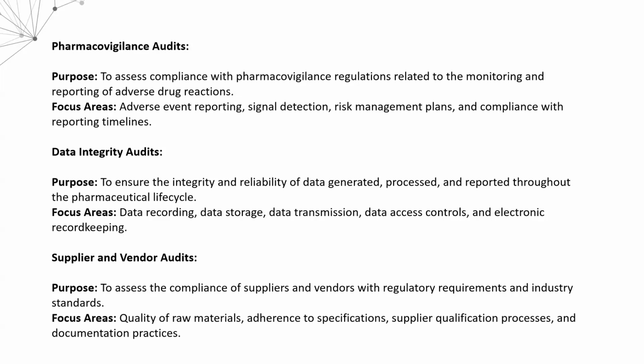So you will go to the supplier, do a vendor audit, visit their premises, and look at their standards and procedures, what they follow, and that should be reported when you are going for your filing. The main focus areas will be quality of raw materials, adherence to specifications, supplier qualification process, and documentation practice.